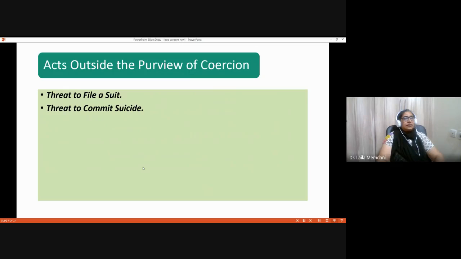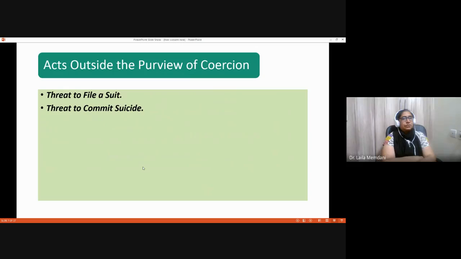Like most of the time it happens in movies, the girl says that she will file a suit on sexual harassment against the man, maybe on false charges, or the objective in this case may be to blackmail the person.